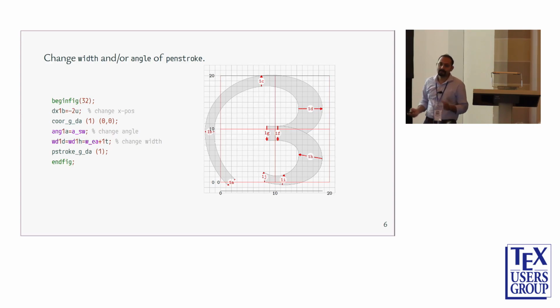So that's an already defined variable plus a T, a minor epsilon unit. I can also change the angle only by setting angle 1A equal to the angle on southwest, which is the first point. So these minor adjustments, even after the components are defined, are possible when we actually define the glyph, the character.